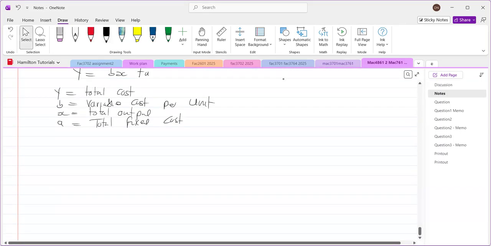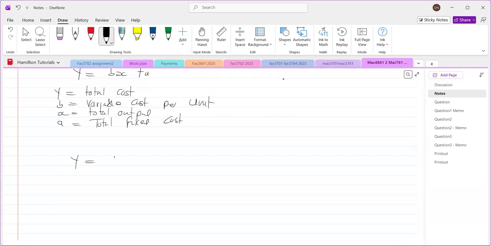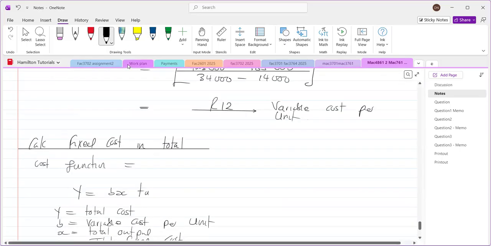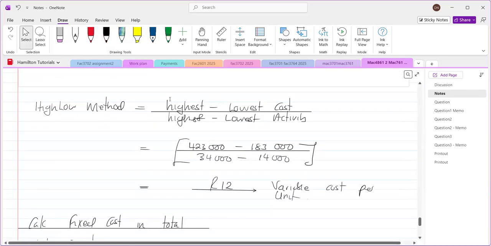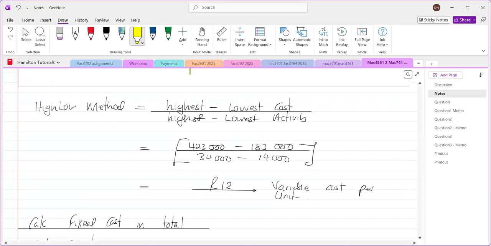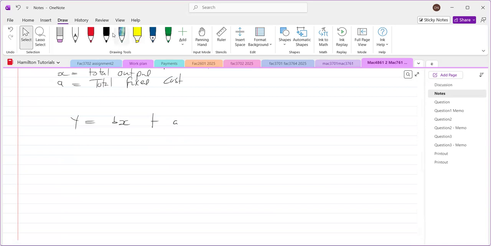Right, so remember we have y is equal to bx plus a. So we take one of the two, either the highest or the lowest cost. If I take my total cost here, which is 423,000, that represents my y. That's my total cost.